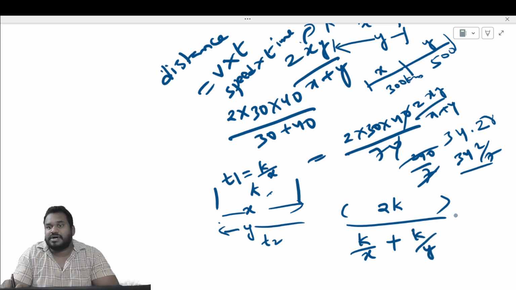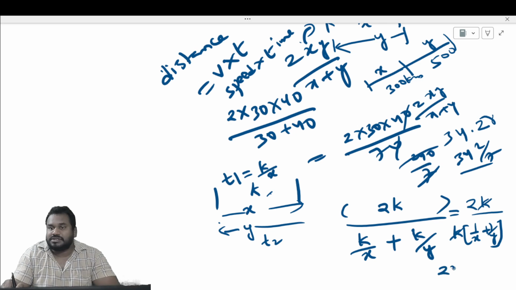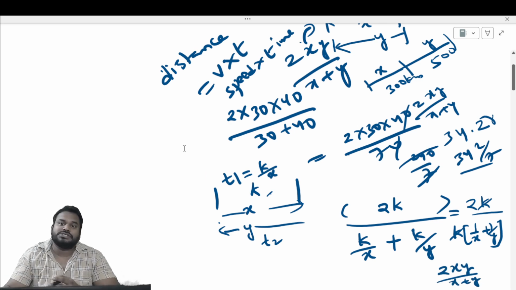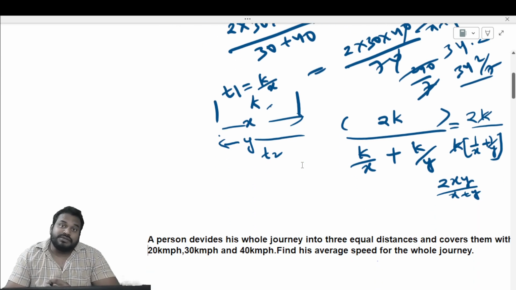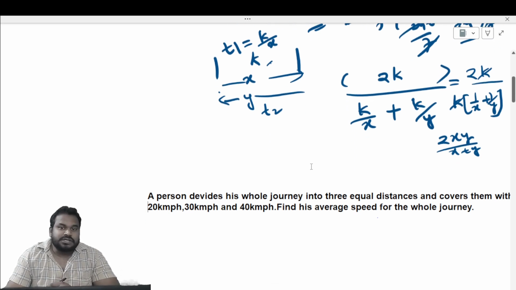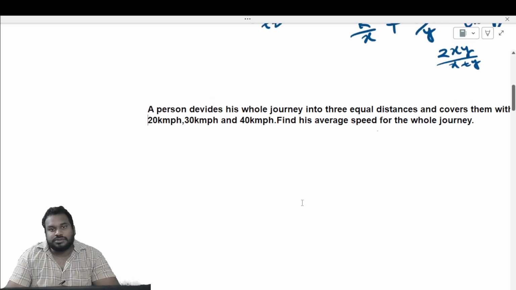If you take k common, 2k by k times 1 by x plus 1 by y will remain. So k gets cancelled. If you simplify, this will become 2xy by x plus y. So that is how you got this formula. If there are three equal distances and three different speeds, then you can use the formula 3xyz by xy plus yz plus zx. So that also I told you.